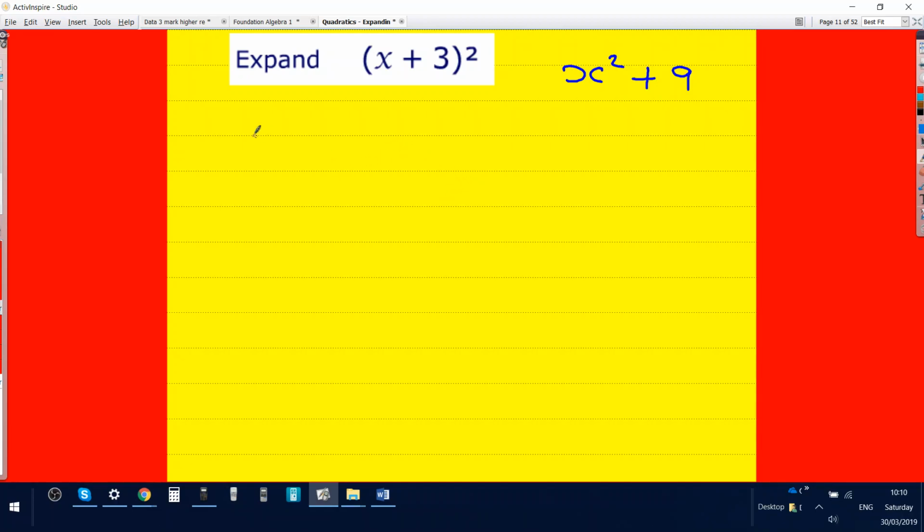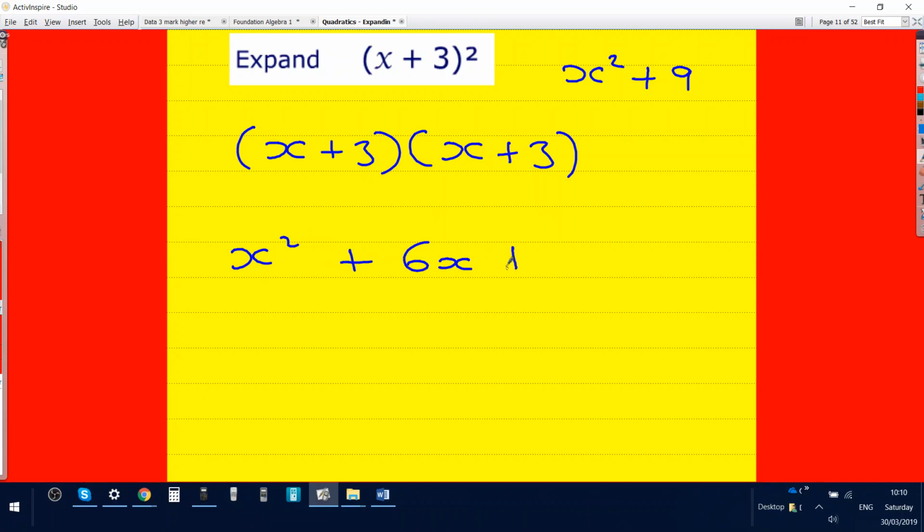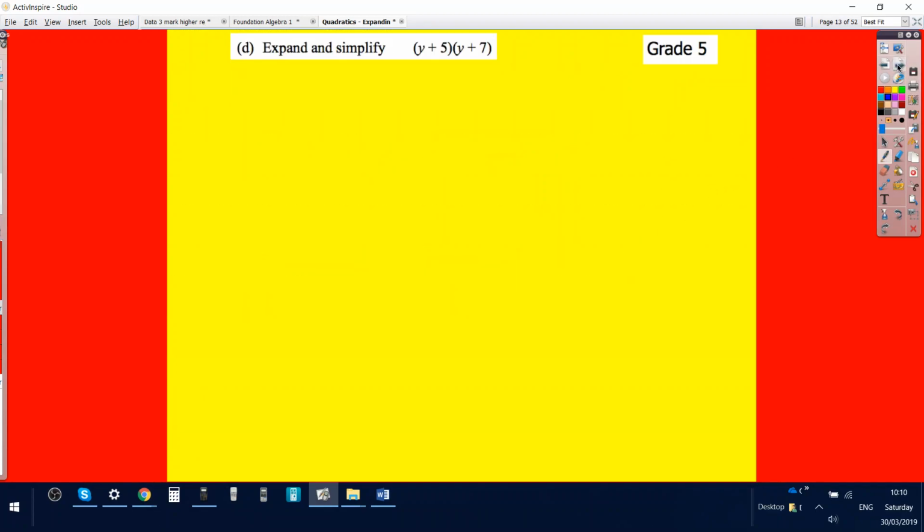So another way to write that would be x plus 3 times x plus 3. Then you would just do it the normal way, and you would end up with 6x in the middle, which you would lose otherwise. So just write it twice and do it the normal way. Okay. Yeah, that's all right.